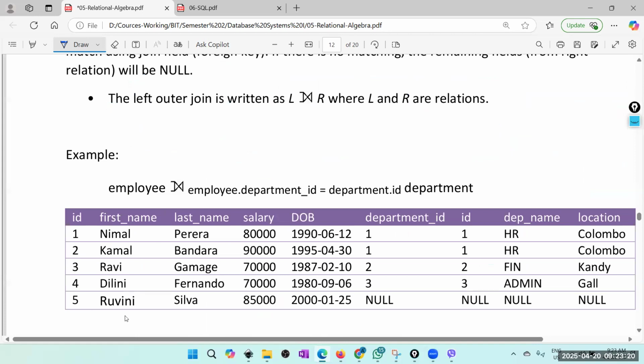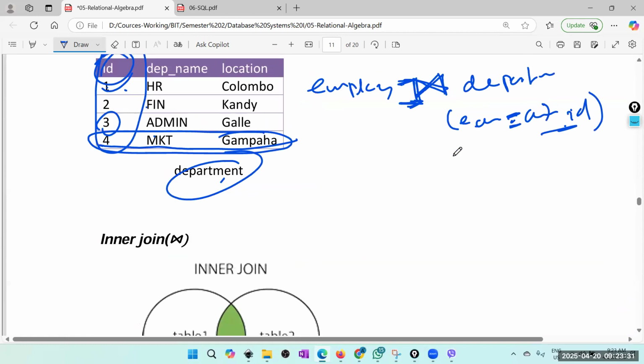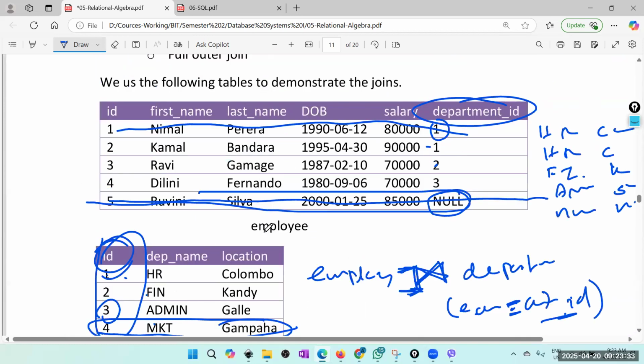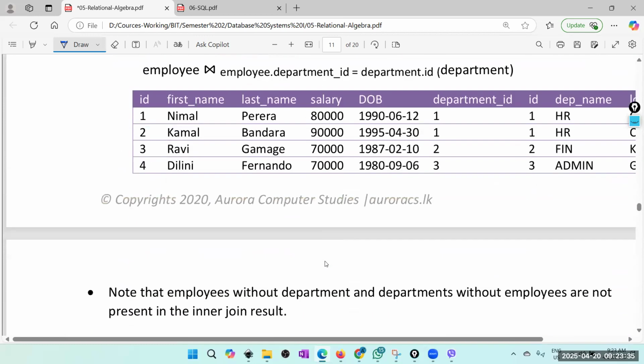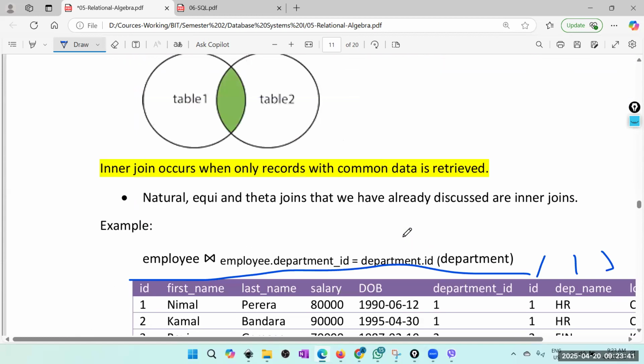Now you can see the Ruvini Silva record is there, with other details as null. So these are the 4 fields from the department table. 3 fields from the department table. These are the fields from the employee table. Okay.